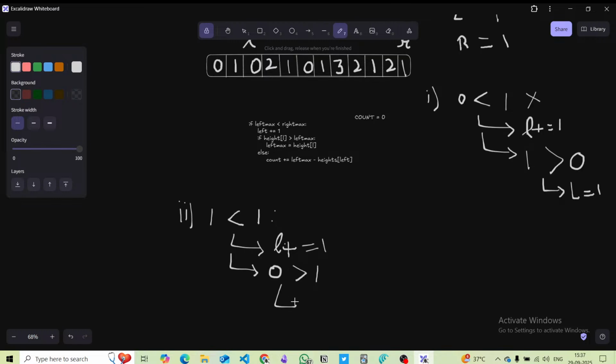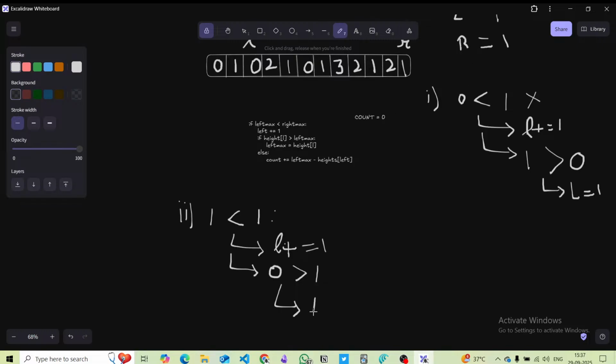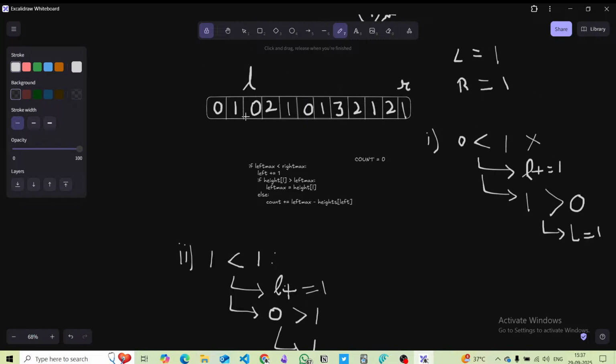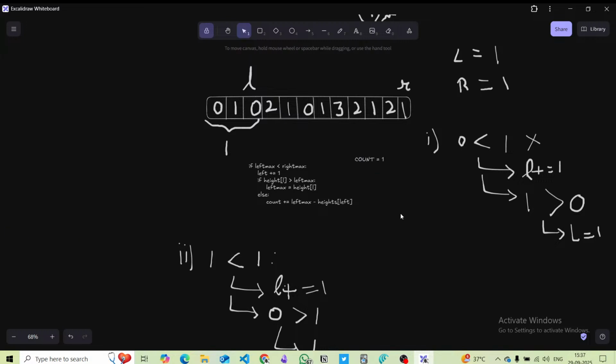So we just count the left max minus height of left. The left max is 1 minus 0 is 1, right? Okay, now we just identify the water content in this particular thing, which is 1, right? Okay.